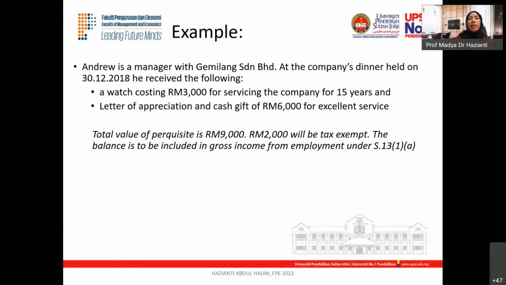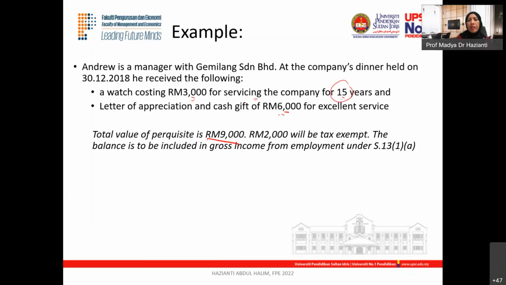Okay, now we want to calculate how much perquisite he received. So 3,000 for the watch, add 6,000, so now it becomes 9,000. So 9,000 because of this gift and also because of the long service award for 15 years, since he worked more than 10 years.